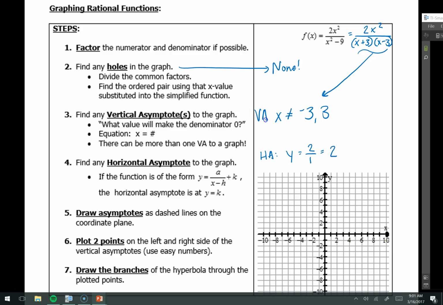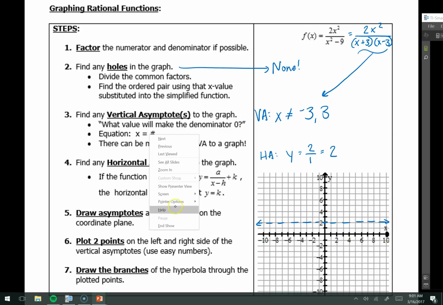So now we have lots of asymptotes, 3 of them. Let's go ahead and draw them as dashed lines. I'm going to do my horizontal one here in blue. So that's at y is equal to 2, which is there. So I'm going to draw a horizontal asymptote there. Now I'm going to do my vertical asymptotes next.